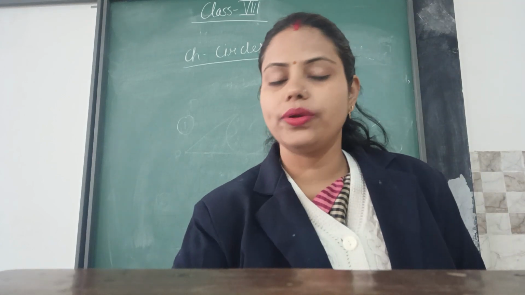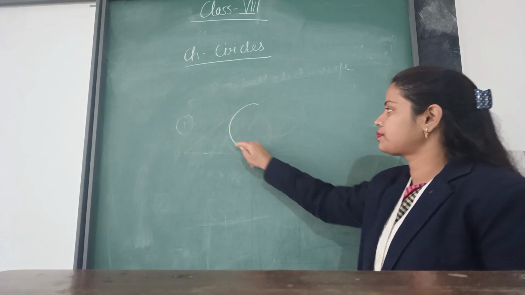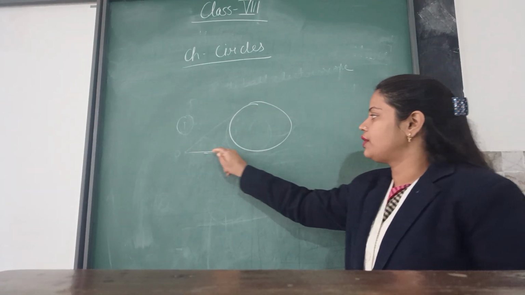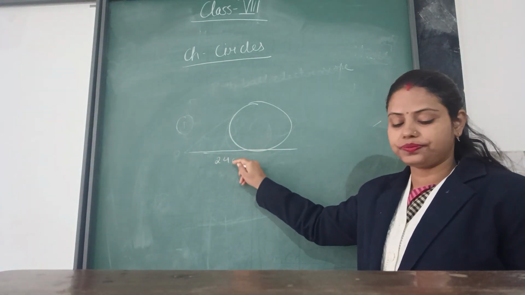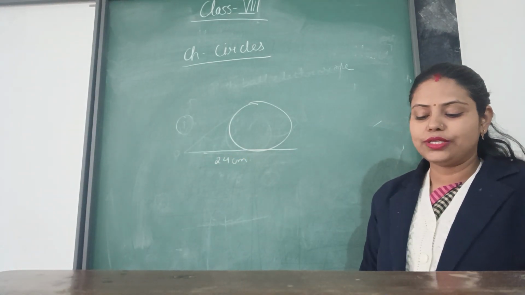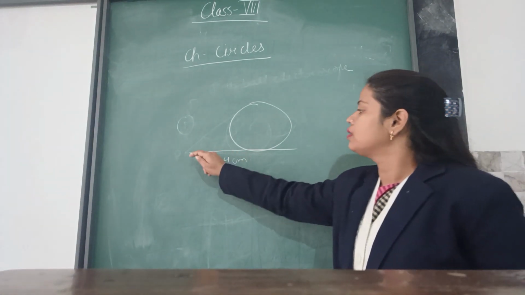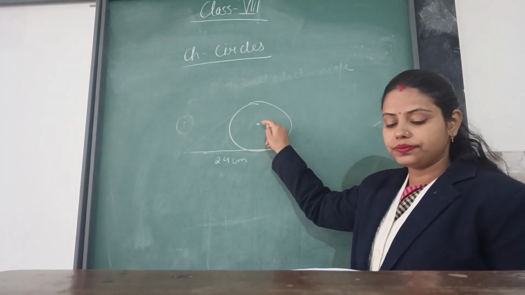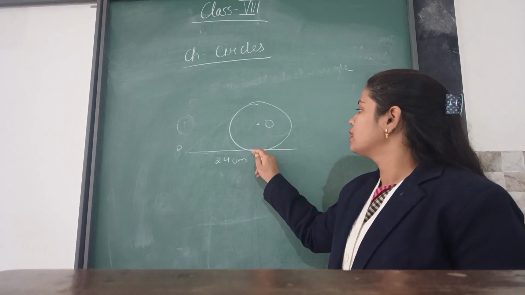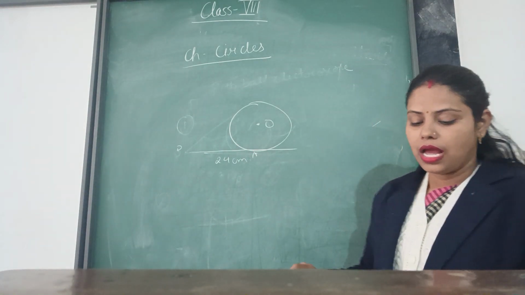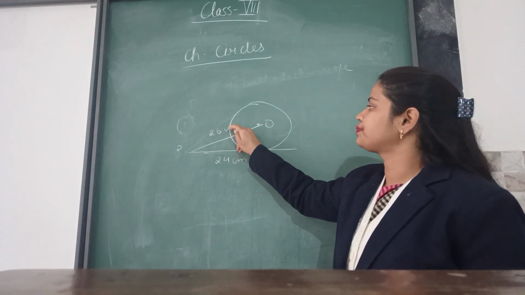The first question that we are going to solve is that a tangent is given to the circle and this tangent is 24 centimeter long. O is the center of the circle and OP is equal to 26 centimeter.